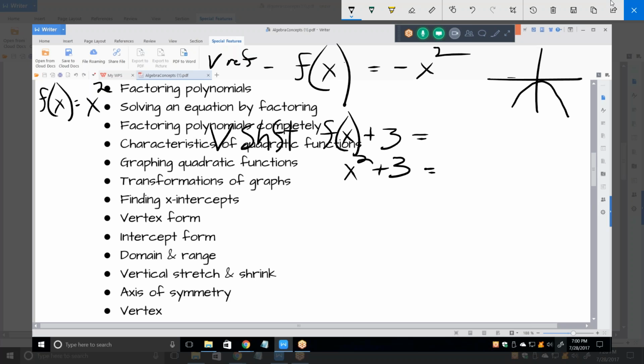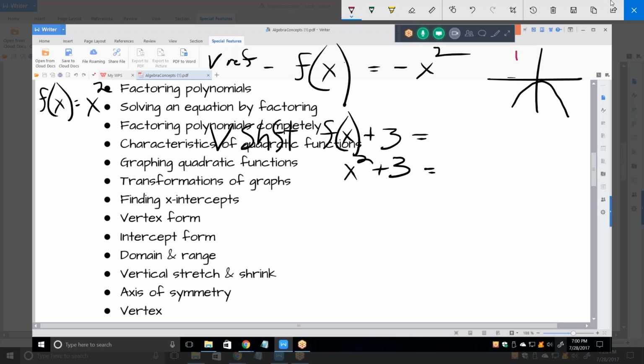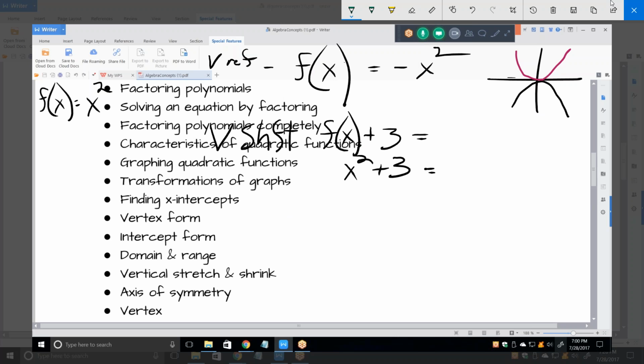Now, remember the original function. Here, let me draw it in red. That's our original parent function right there. Okay? So now I'm going to draw this transformation in green. Where do you suppose the vertex is?